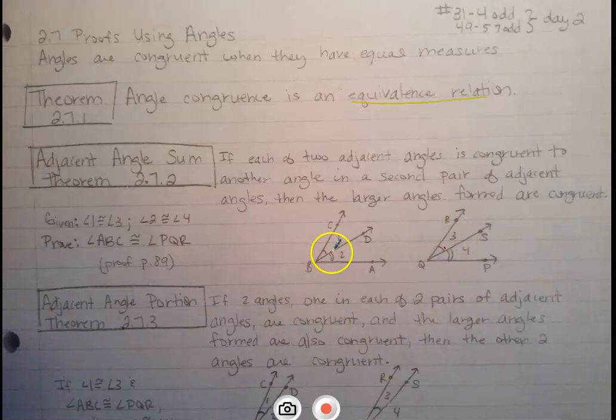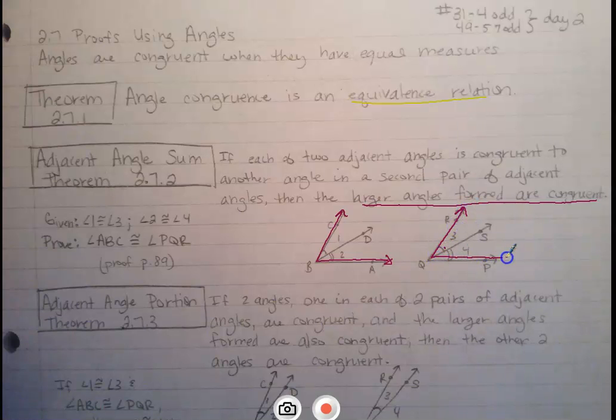Angle 2 is congruent to angle 4, we can see that by the two marks. The adjacent angle sum theorem says the larger angles formed are congruent. So the larger angle formed here is angle ABC and angle PQR. So it's saying these angles are congruent with each other.